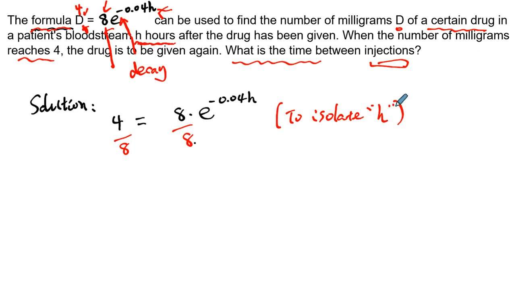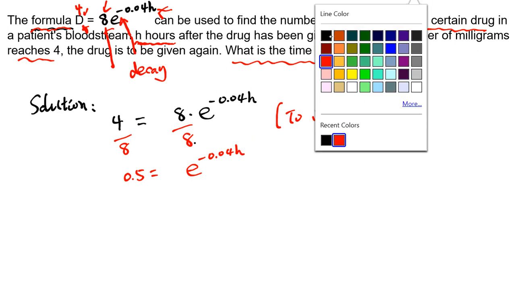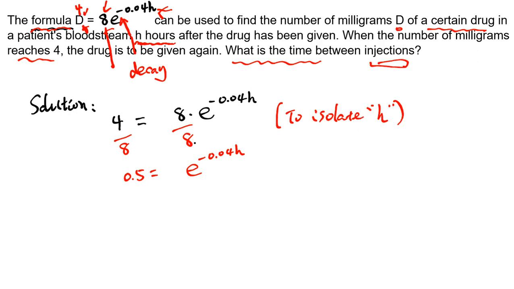What you get here, 4 divided by 8 is 0.5, and the right hand side is e to the negative 0.04 times h. You then take the natural logarithm on both sides.